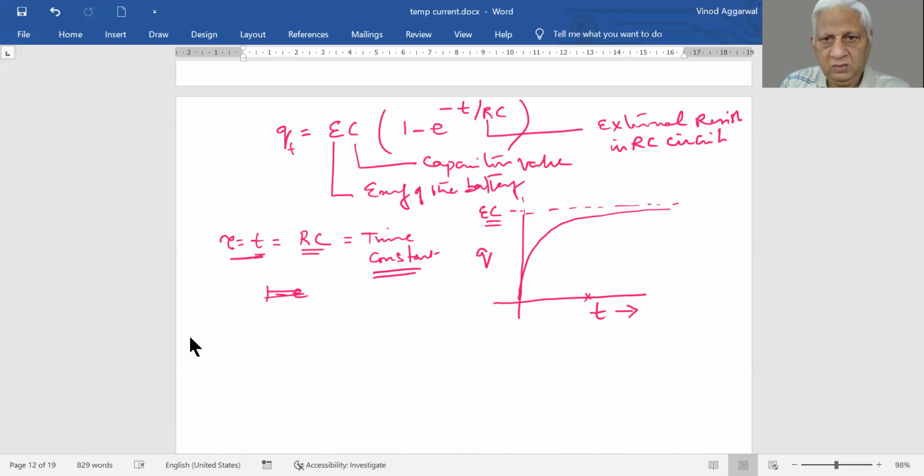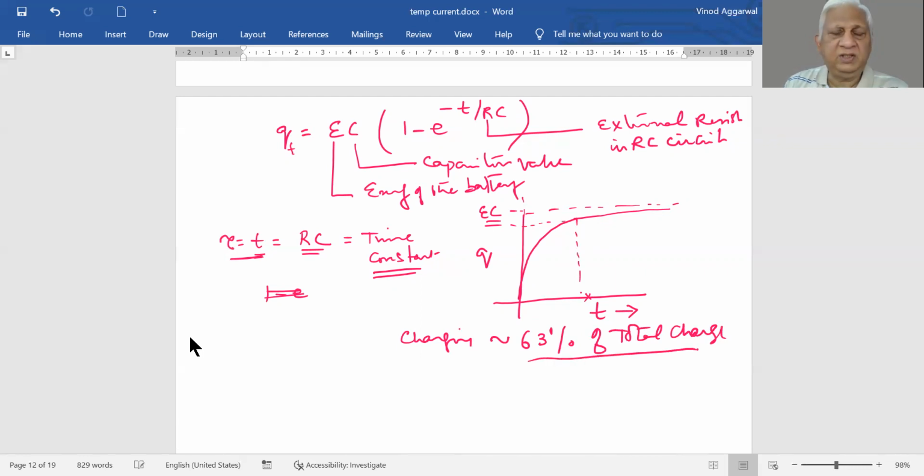At tau, the charging is about 63% of the total charge. So it's a very rough measure: if we give a charging time equal to a tau time, you know that the capacitor will be charged slightly more than 60%. It has no other significance more than that.